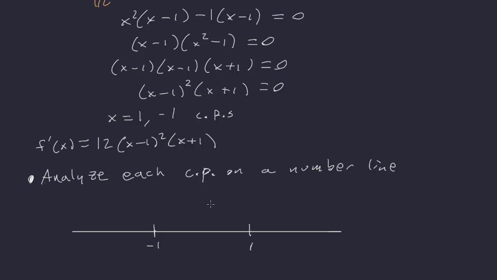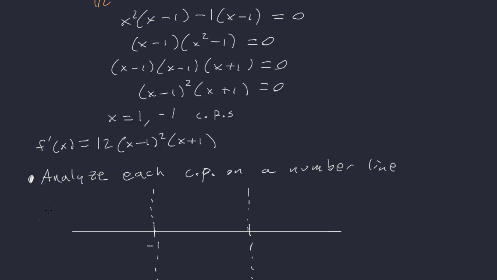You have to check them all at the same time, because you want to make sure that you're picking values just around negative 1 and just around 1, but you don't want to accidentally choose something over here, like at negative 2, to check around 1. You want something between negative 1 and 1. So we have our regions here.